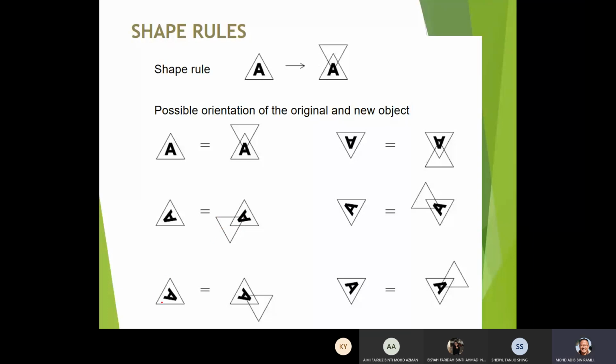And if you imagine the triangle in a different orientation, where the A is pointing to the right bottom corner, then when you apply the rule, that's where you are going to add the new shape.